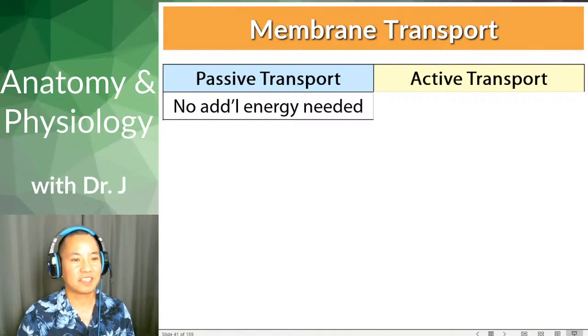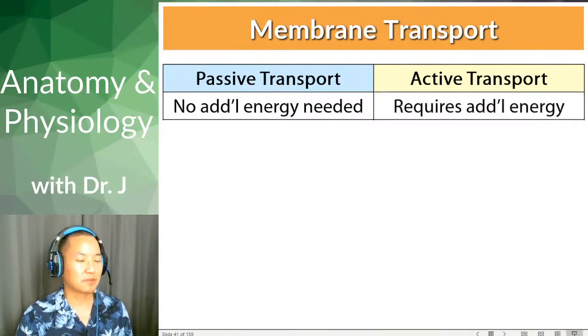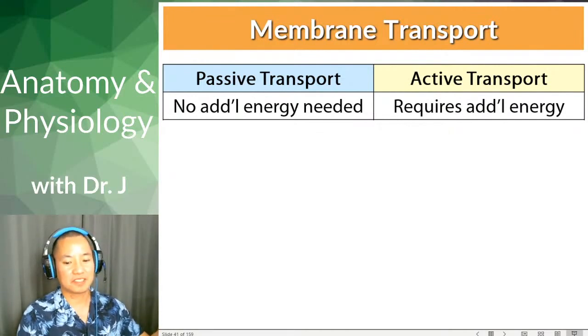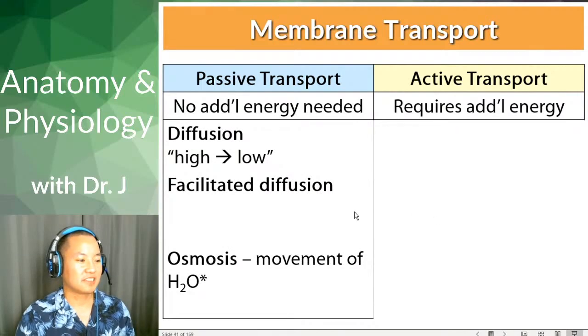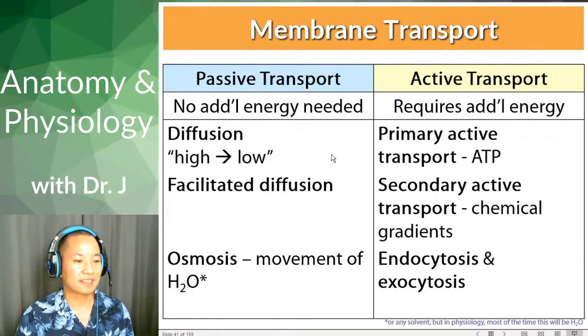No energy, no ATP, no additional nutrients need to be added. Whereas active transport requires additional energy that's stored up in some form. Sometimes it's ATP, sometimes it's having more ions on one side versus the other. We'll try to cover passive transport this lecture.